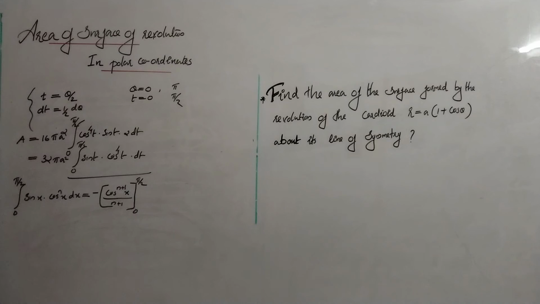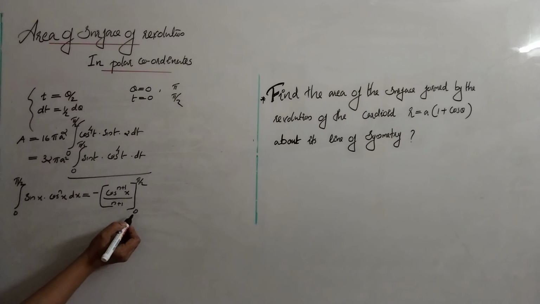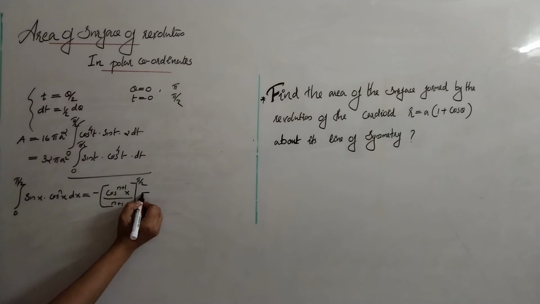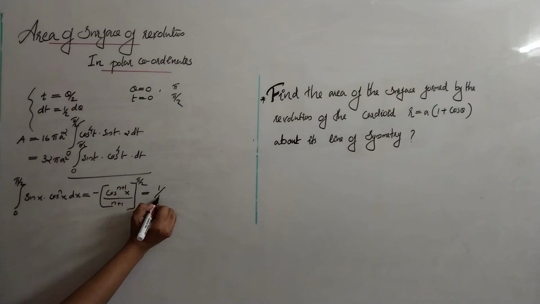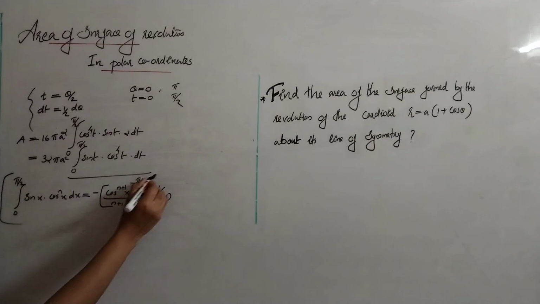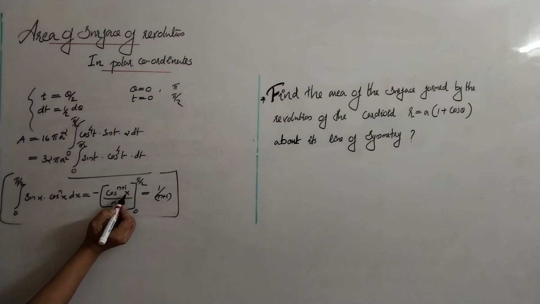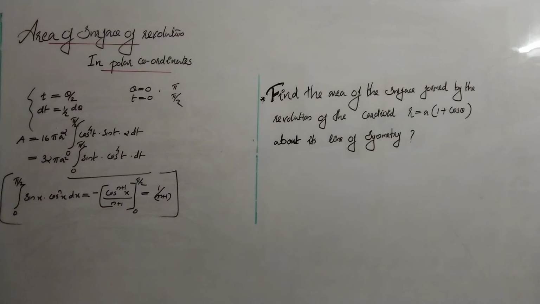Minus of cos raised to n plus 1 x divided by n plus 1, varying from 0 to pi by 2 is equal to what? 1 by n plus 1. Cos pi by 2 is 0 and cos 0 is 1. So we get 1 by n plus 1.